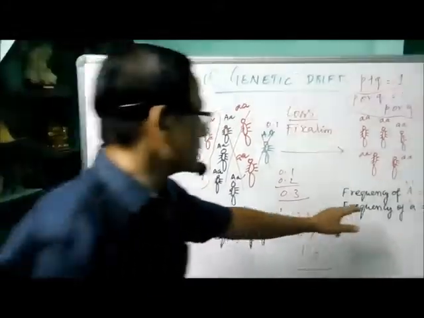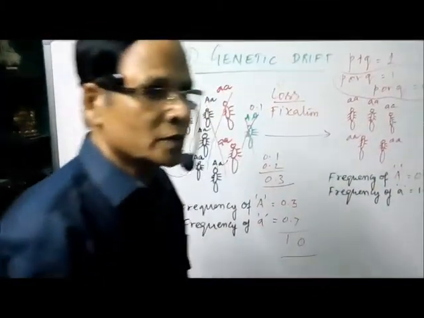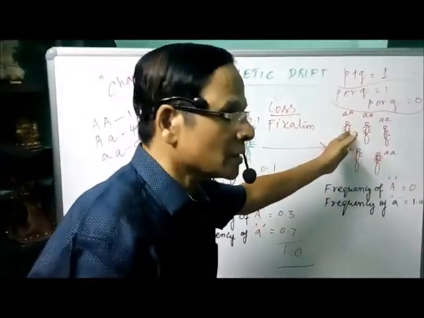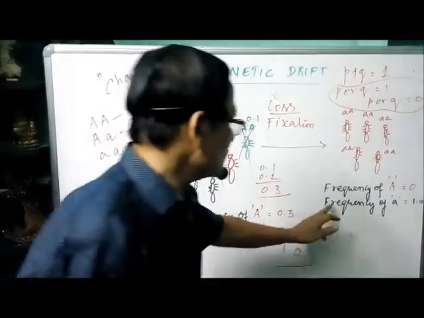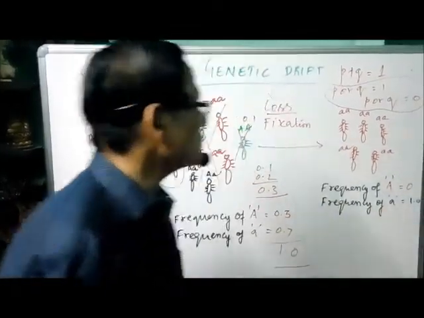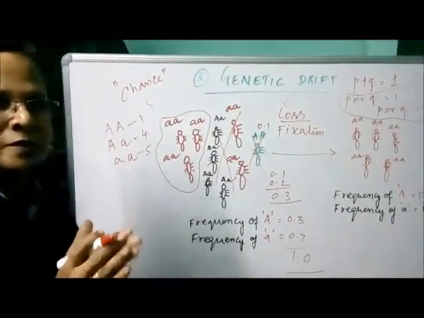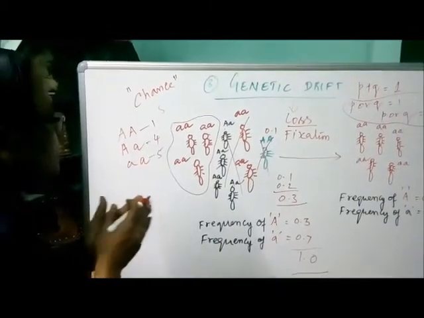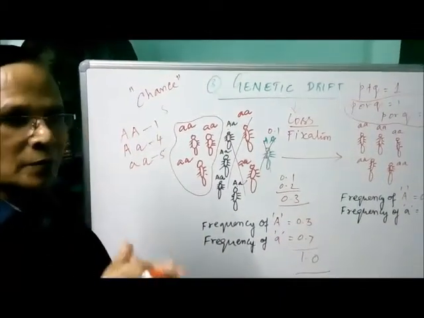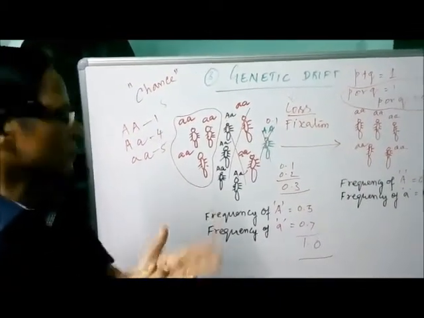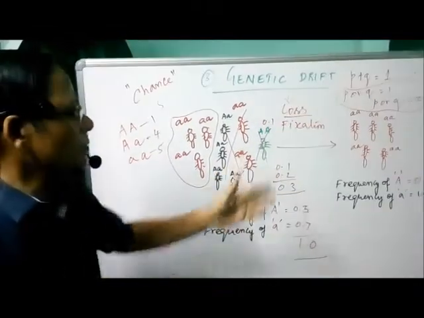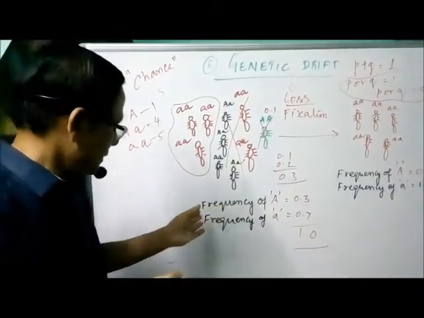Now the frequency of capital A, the dominant gene, is equal to 0. There is no dominant gene in that population. So the frequency of the recessive gene is equal to 1. All are homozygous recessive. So this is the way gene frequency changes, either because of loss or because of fixation. That's why it is given in the book, and you have to understand this.